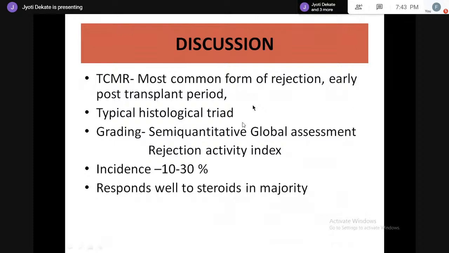Once we make the diagnosis of rejection, we grade it according to the rejection activity index system given by the Banff Working Group, and these patients respond well to steroids in the majority of cases. In certain cases, about 8 to 10%, they may not respond to steroids, and in such cases other methods of immunosuppression like ATG, antithymocyte globulin, and other immunosuppressants are administered.